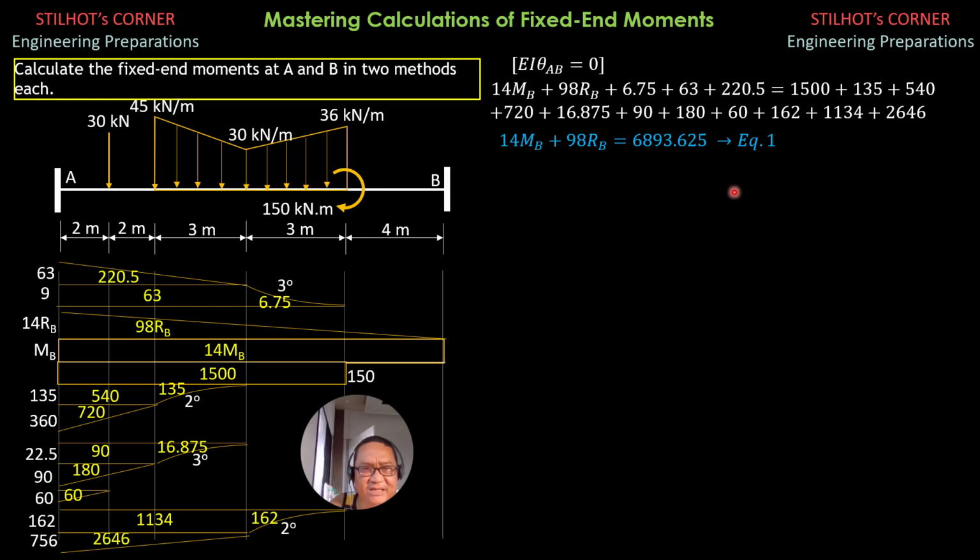Then for the second equation, EI deviation of point A relative to the tangent at B equals 0.